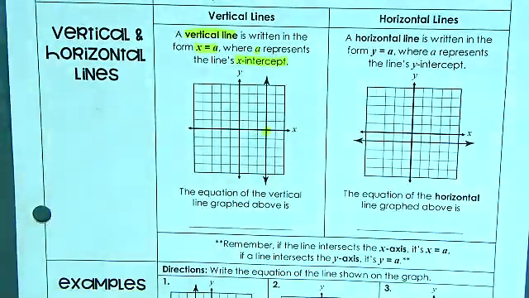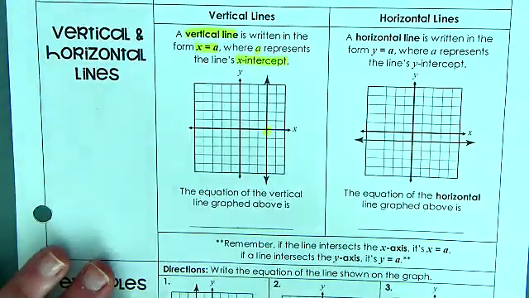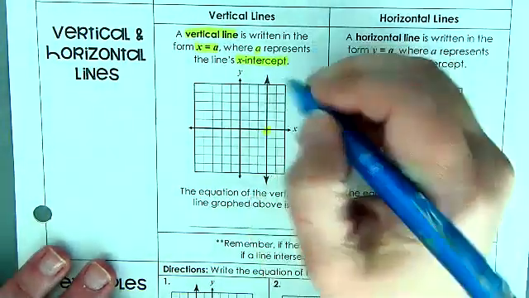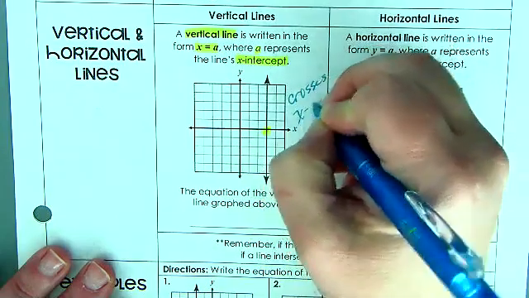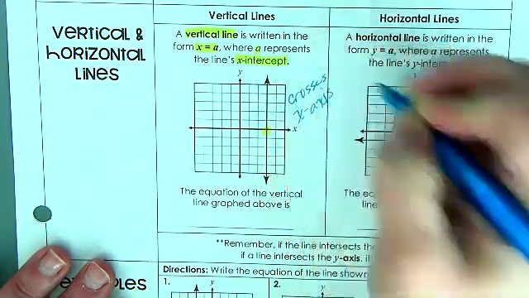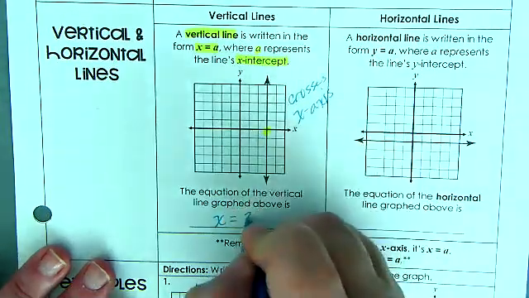So when I'm looking at writing the equation of the vertical line graphed above, because it's a vertical line and it's crossing the x-axis, this is x equals 3.